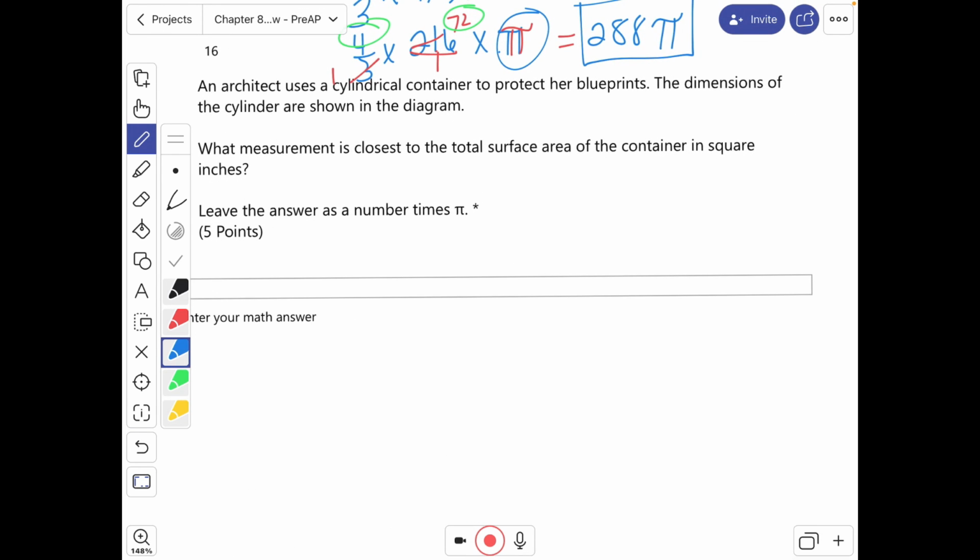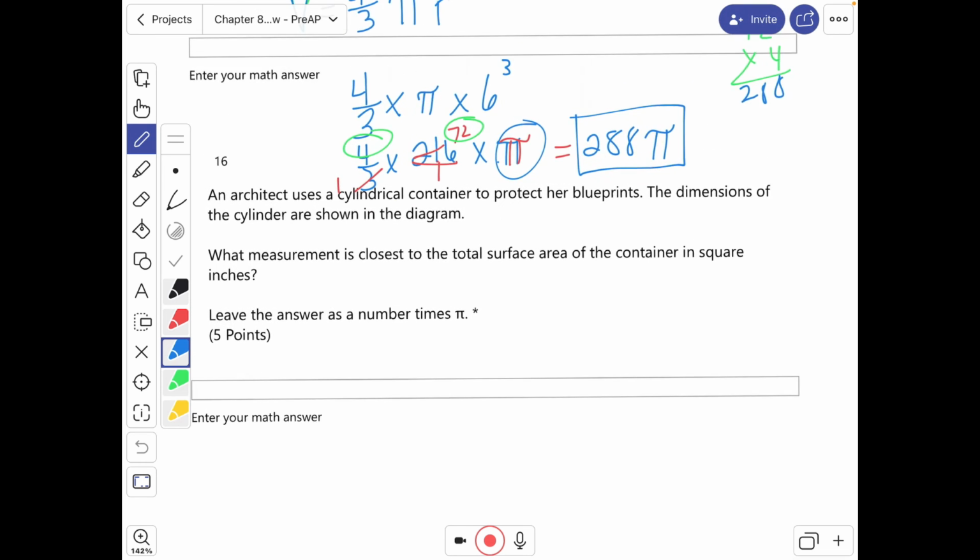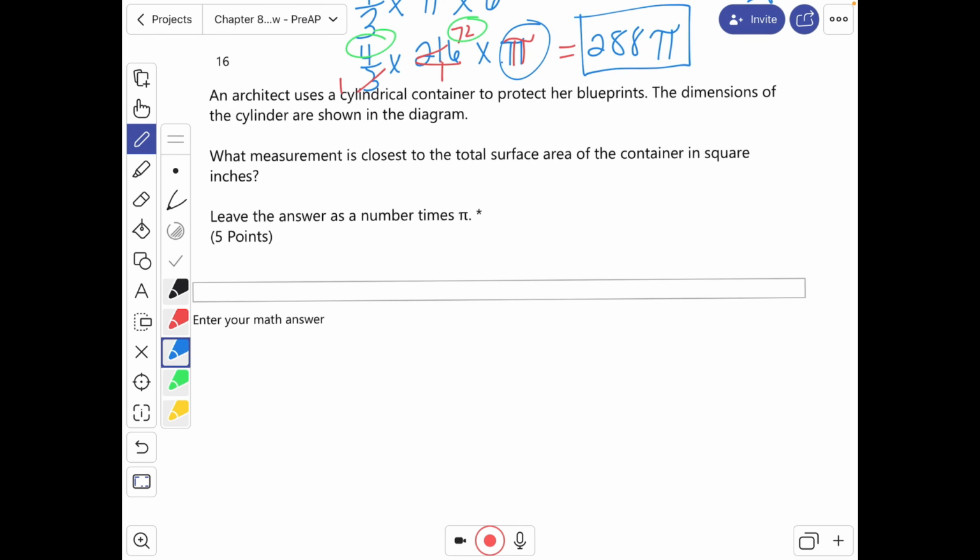Number 16. An architect uses a cylindrical container to protect her blueprints. The dimensions of the cylinder are shown in the diagram. I seem to be missing my diagram. It looks like that.